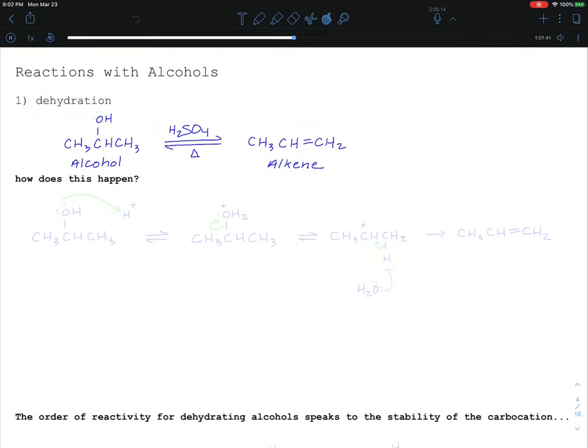And we talked about how leaving groups aren't especially awesome if they are strong bases, right? So the weaker the base, the better the leaving ability of the leaving group. So do you think that hydroxide is going to be a good leaving group? If you're staring at the acid over the reaction arrows, you already know the answer is no.